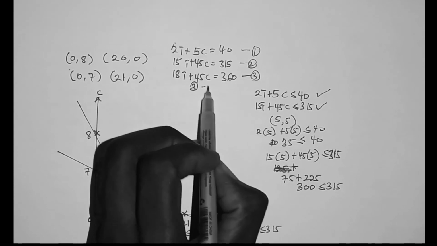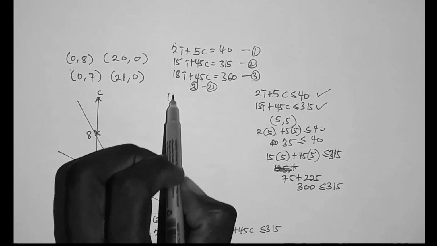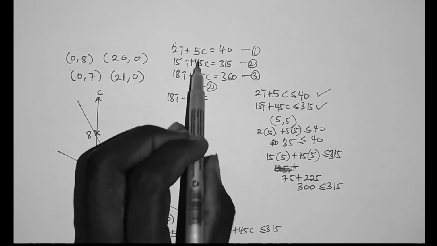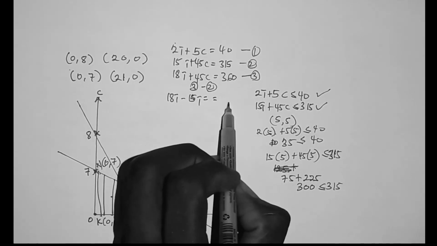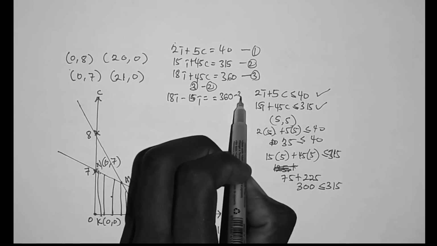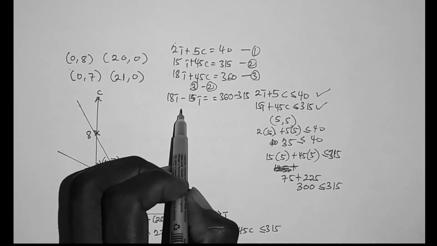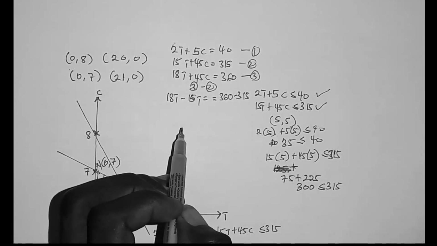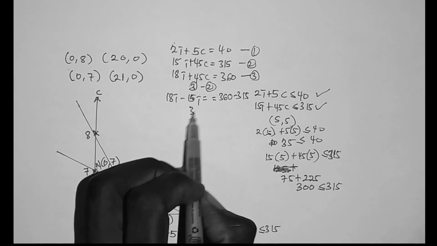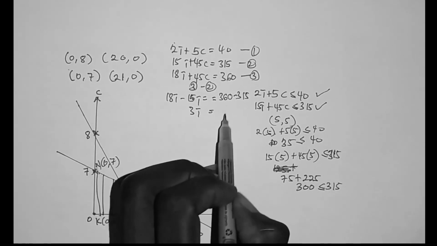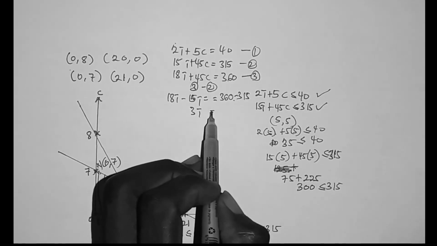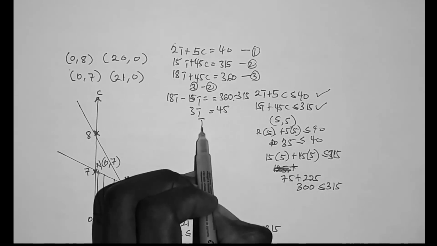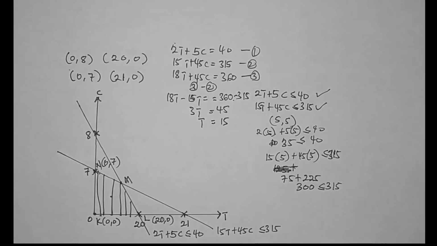So 3 minus 2 gives 18T minus 15T, and 45C minus 45C is 0, equal to 360 minus 315. That gives us 3T equal to 45. So dividing both sides by 3, we see that T is equal to 15.